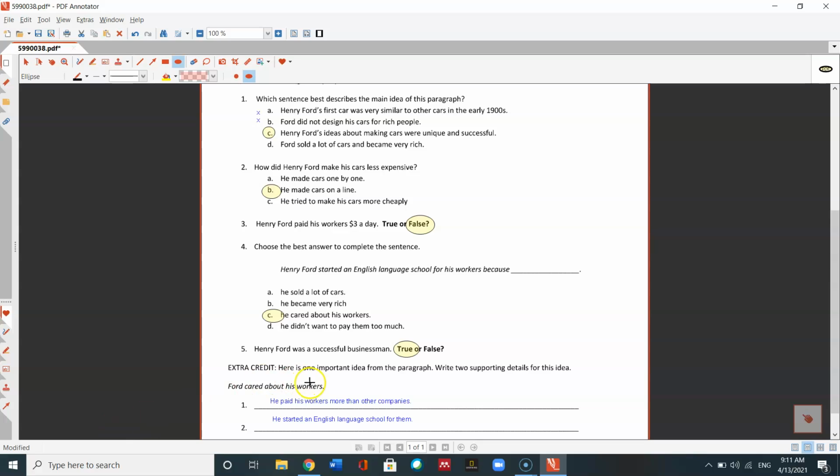So if I say Ford cared about his workers, can I say as a supporting detail, he became rich? Does he became rich support the fact that he cared about his workers? No, it really doesn't. Okay, so make sure that the supporting ideas are connected.